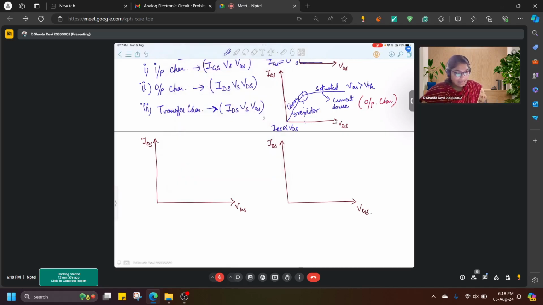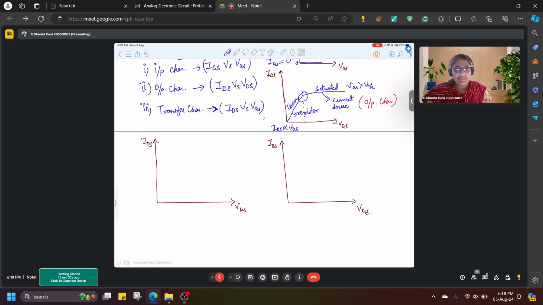So now, as we know that in the enhancement type MOSFET, where you have to create the channel, you will need a certain amount of voltage for the channel formation, correct?